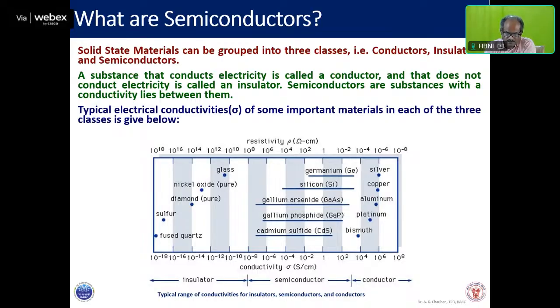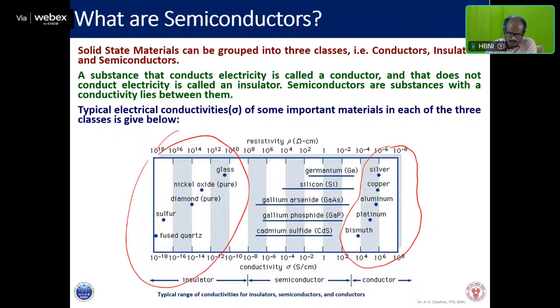If we see typical electrical conductivities of some important materials in all of these three classes, we can see here on this chart. On this side we have good electrical conductors, which are silver, copper, aluminum, platinum, and bismuth. And on this side of the chart are good insulators, which are glass, nickel oxide, diamond, pure and fused quartz.